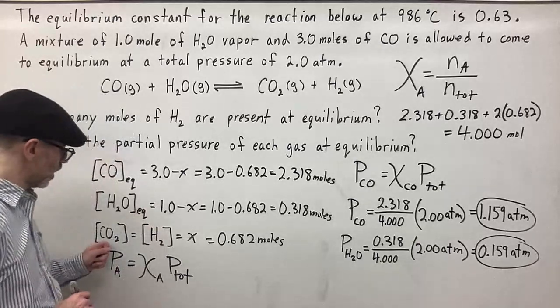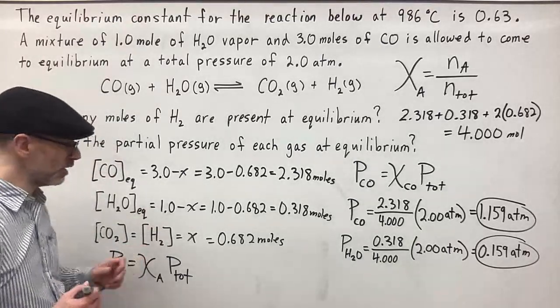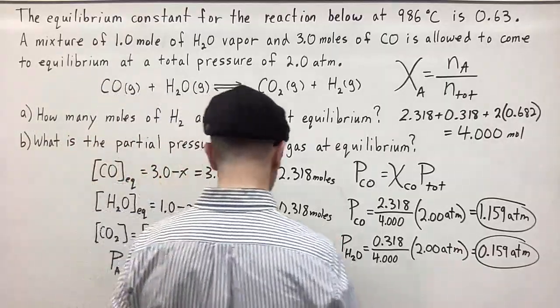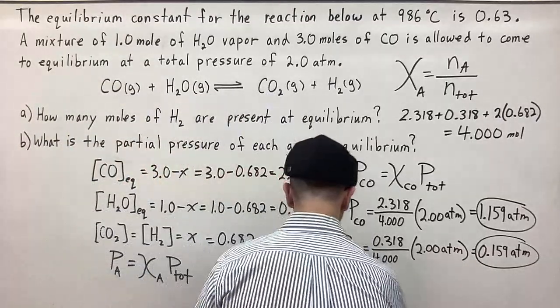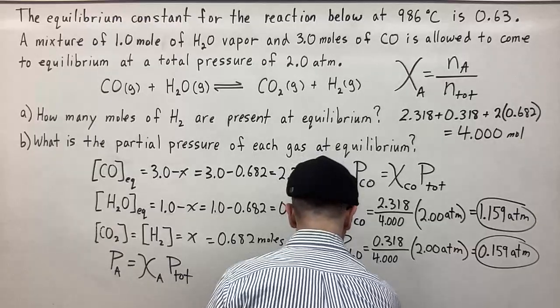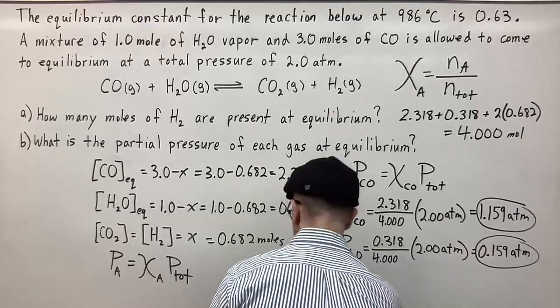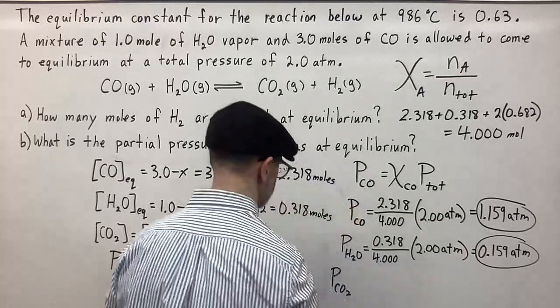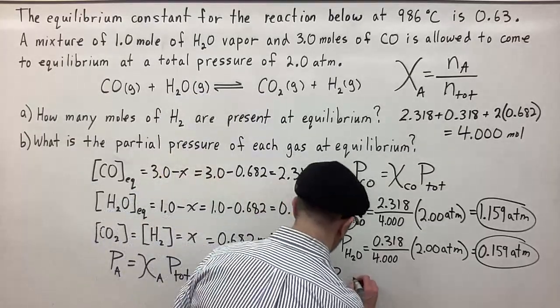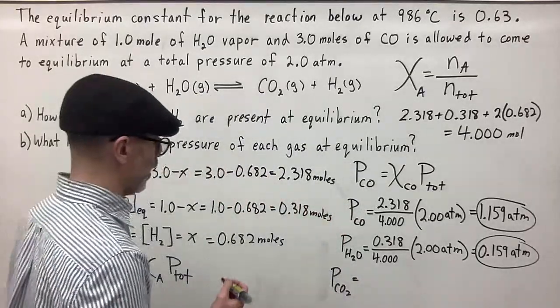And then since the carbon dioxide and hydrogen gas are the same, we can do the same calculation for that. So the partial pressure of CO2 is going to be equal to the mole fraction of CO2.